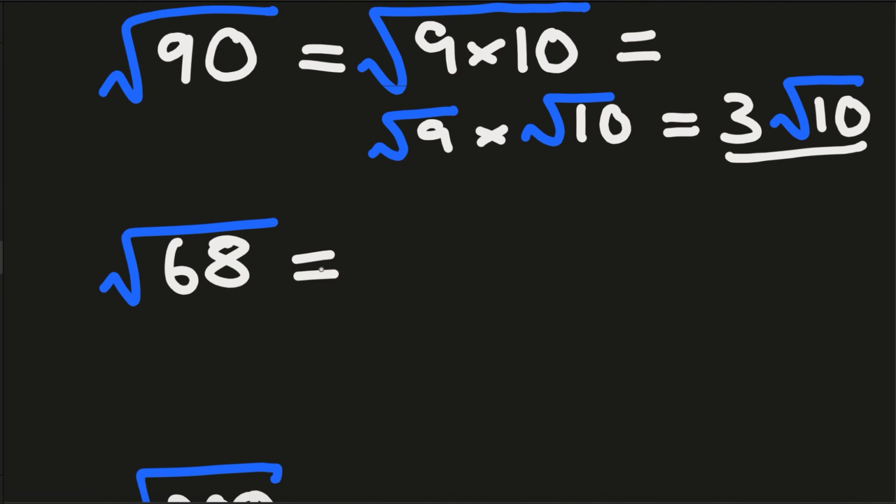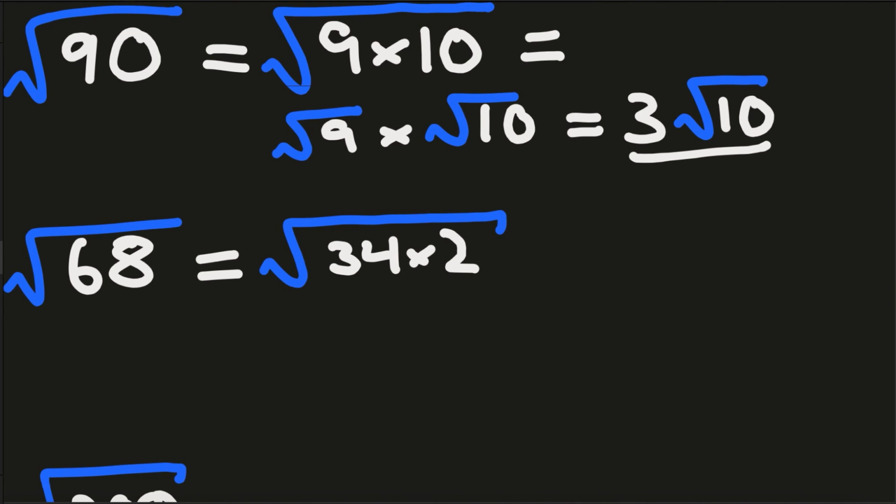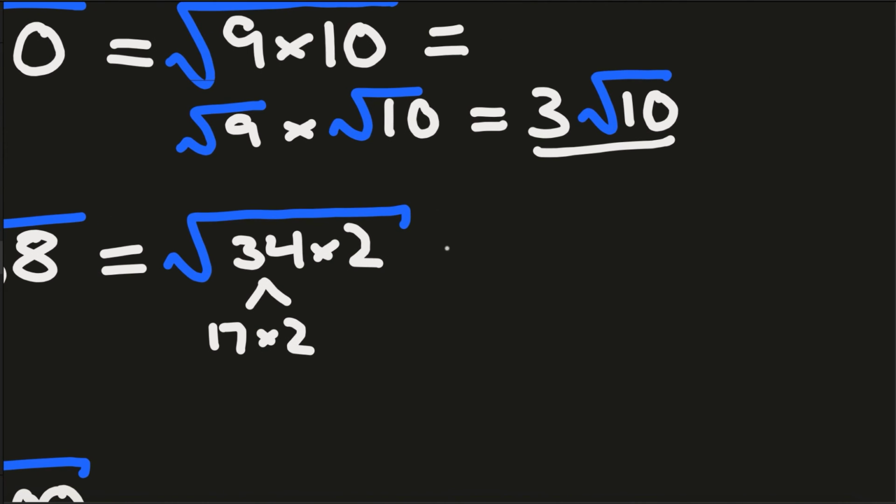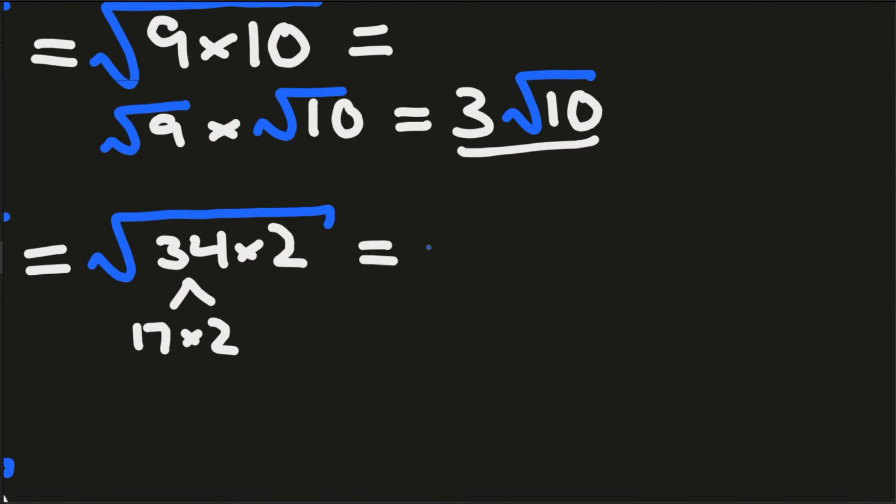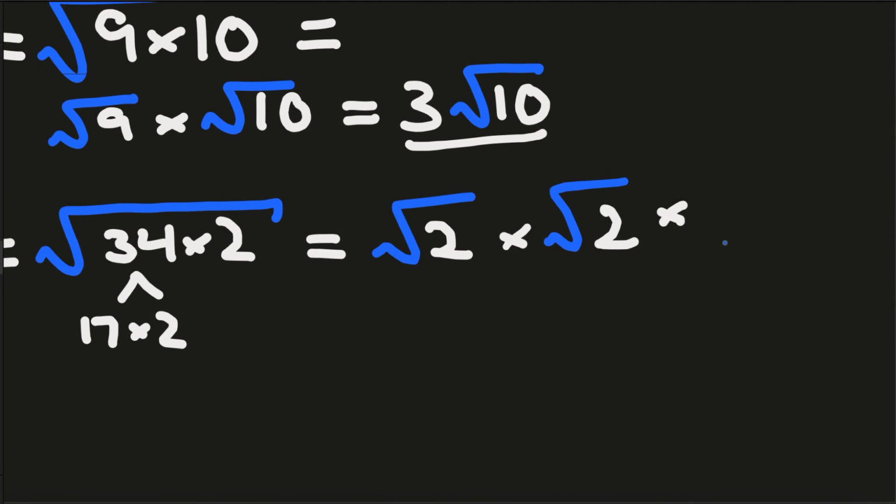Now we have the square root of 68. We know that the square root of 68 is simply equal to the square root of 34 times 2. We can break down 34 into 17 times 2. So we know that this entire thing is equal to the square root of 2 times the square root of 2 times the square root of 17.